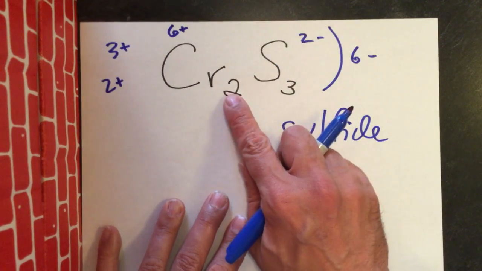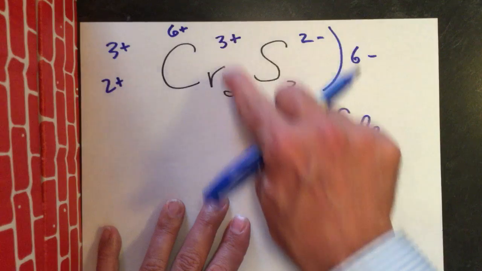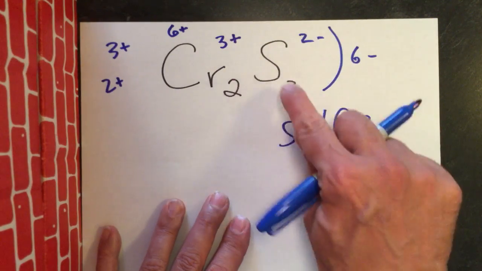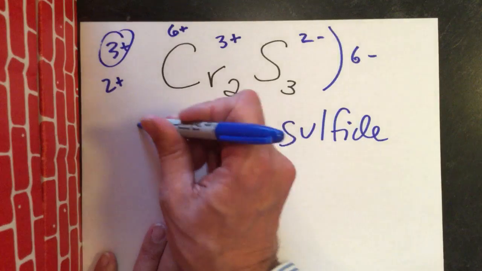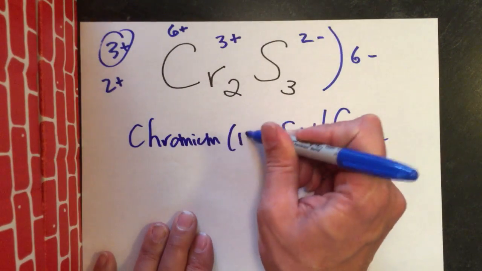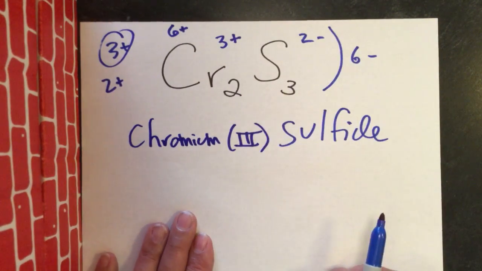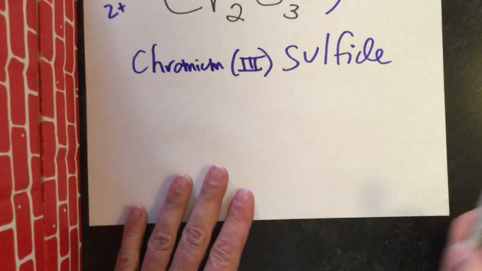But there's 2 of them, so each one has to be 3+. Remember, you multiply them, 6+ and 6-. So it would be the 3+, and so this would be chromium 3 sulfide.